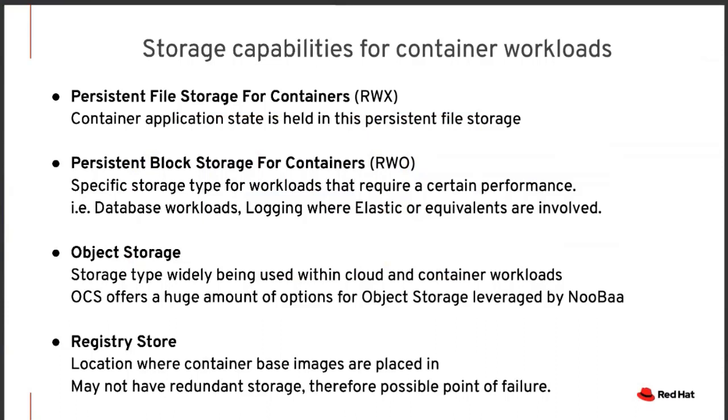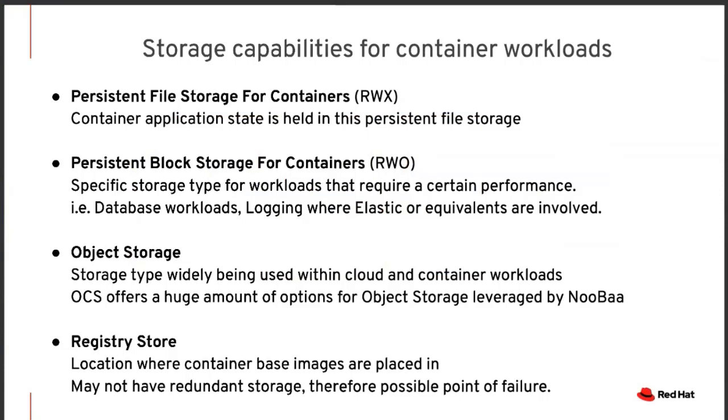Then there's another storage type, and that's block storage for containers, also named RWO, which means read-write-once. That means that only one container can have access to that storage, and it's uniquely consumed by that one container. This is a specific storage type used for workloads that require performance.